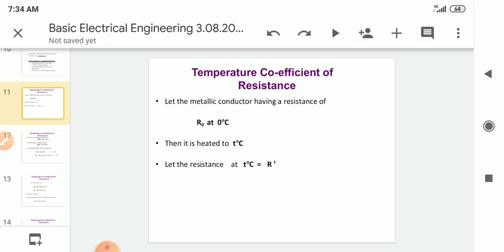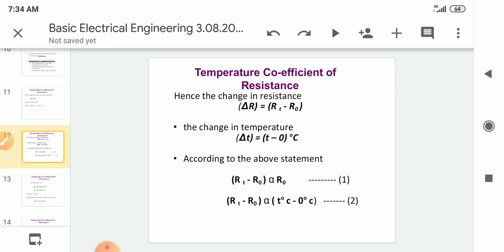The difference between these two is called delta R, the change in resistance. And the change in temperature, delta T, is equal to T minus 0 degrees centigrade.